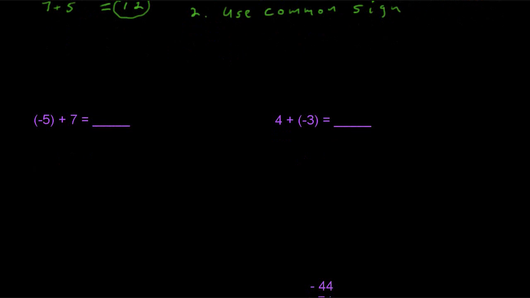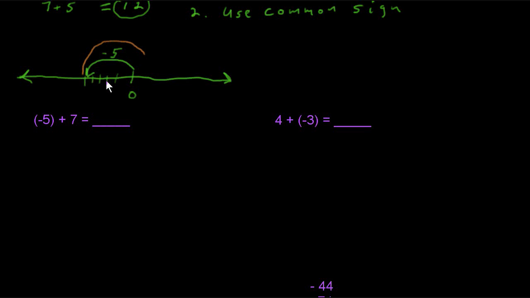Okay, here are two different problems, and the first one is negative 5 plus 7. Let's first look at it with the number line method. Remember we start at 0, and it says negative 5 first, so let's go to the left 5 units, negative 5, and then it says plus 7, so plus 7 means go to the right.